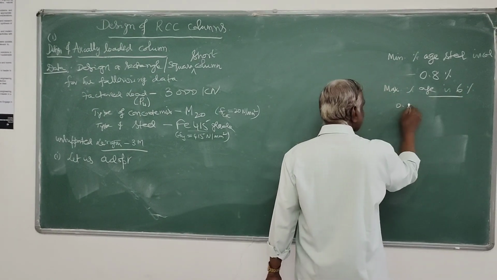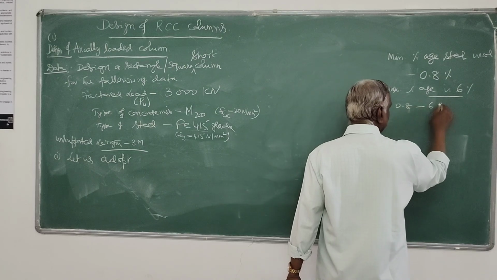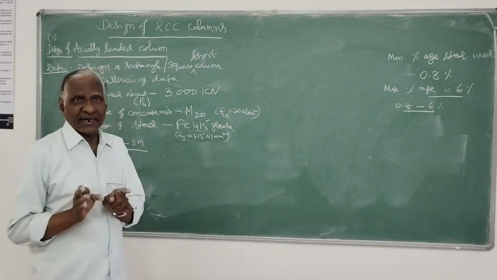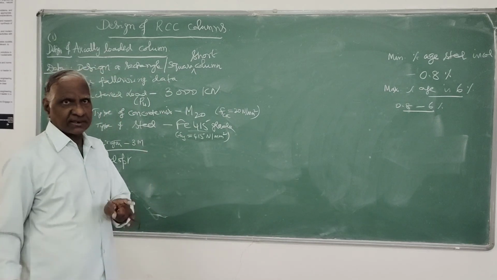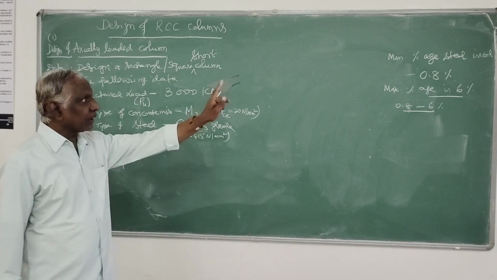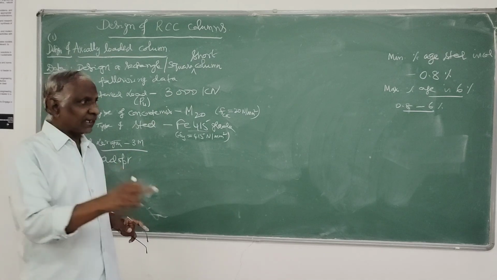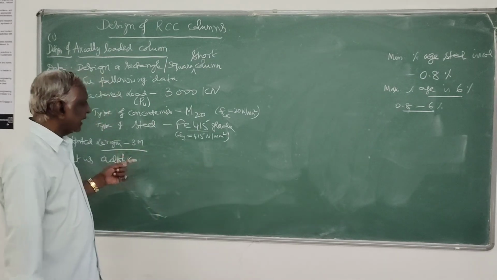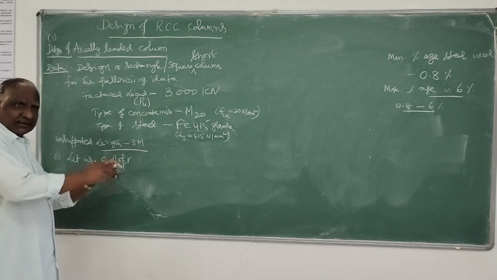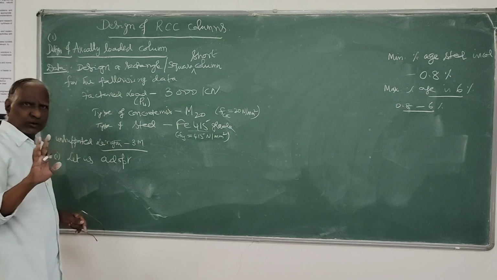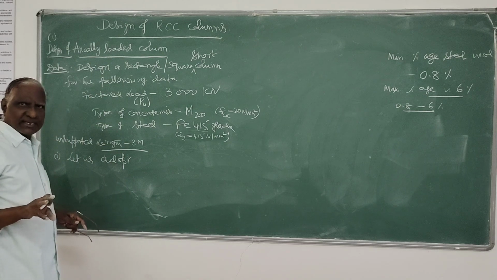So you can select the percentage of steel in the column only between 0.8% and 6%. That is one of the important clauses in IS 456. Here we have to find only the geometrical size as well as the steel area. Only those two things we have to decide.